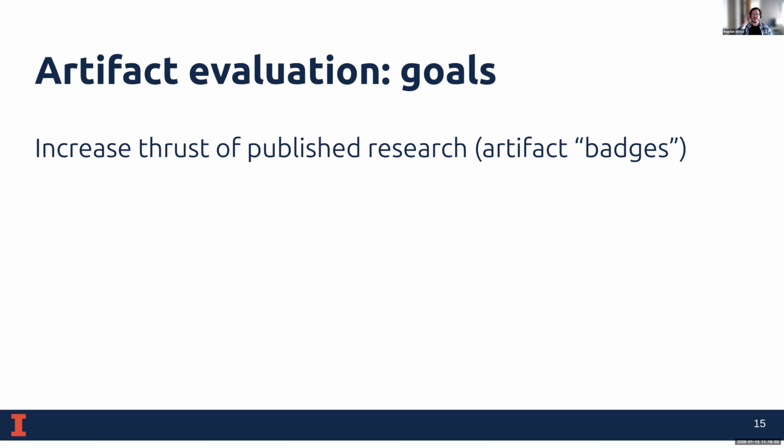Well, the first and foremost goal is to increase trust in published research, and reward those papers that go the extra mile to make their artifacts or their prototypes available, reusable, and reproducible to the community. And each paper receives what we call artifact badges, which are check marks, essentially, that this paper not only is peer reviewed, but the results can be independently reproduced.